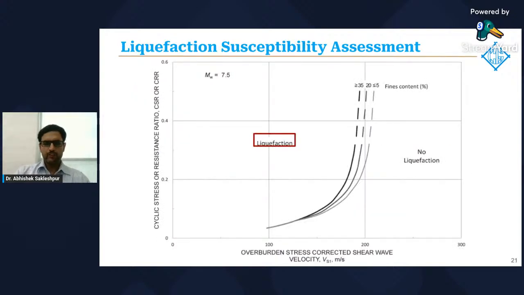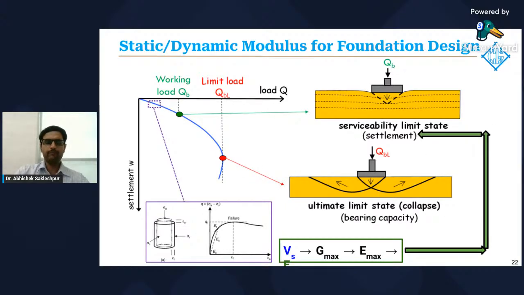The shear wave velocity is also useful for liquefaction susceptibility assessment using charts of this form. And for static and dynamic modulus for foundation design. So from the shear wave velocity, it's possible to get the dynamic shear modulus or the small strain shear modulus G max.